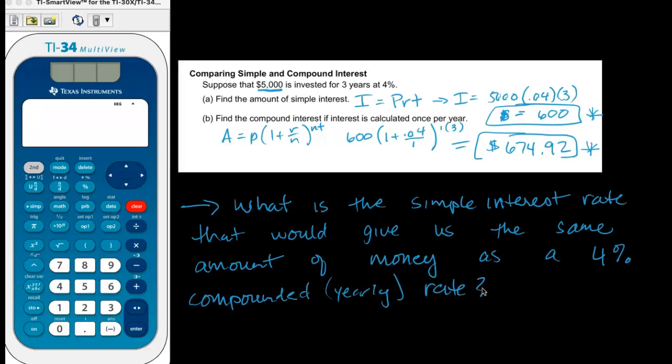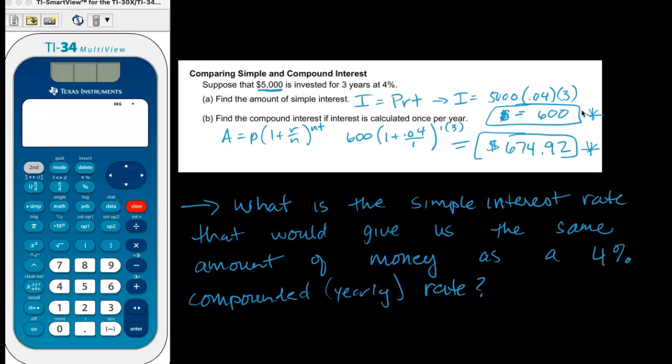We know 4% isn't enough to compete with a 4% compounding rate, so we'd have to raise that percentage rate in order to earn more money. And so it's going to be above 4%.